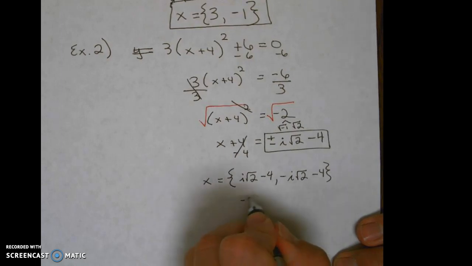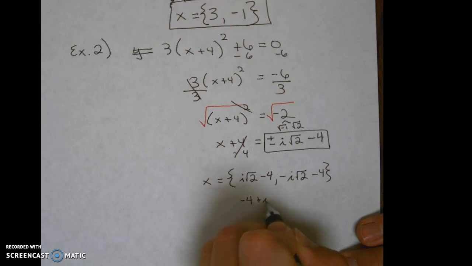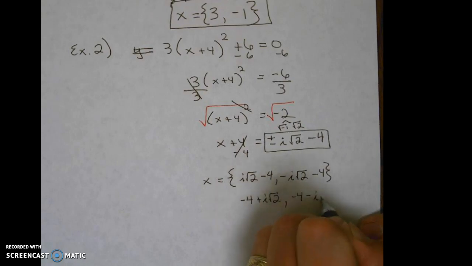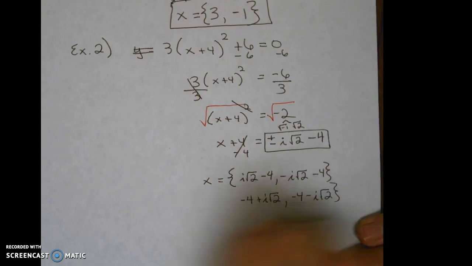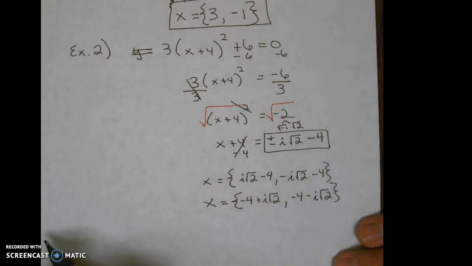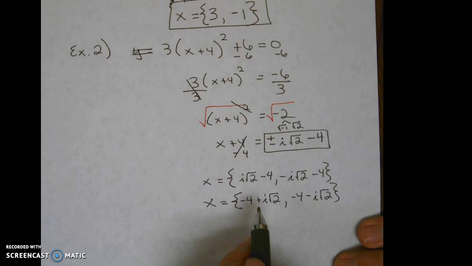Thank you for asking. Negative 4 plus i radical 2, negative 4 minus i radical 2. Technically, it's the same thing, but usually we write the real number first and then the imaginary part for our complex solutions.